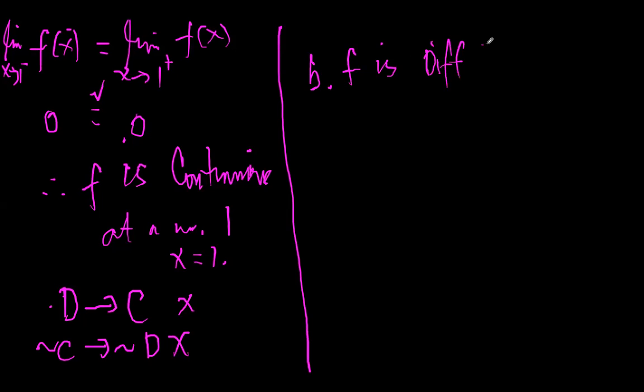Is f differentiable at x is equal to 1? And how do we do this again? Of course, we need to show that the derivative of f at 1 from the left is equal to the derivative of f at 1 from the right, okay? And if this is what we got, then therefore f is differentiable at x equals 1. So let's find out.